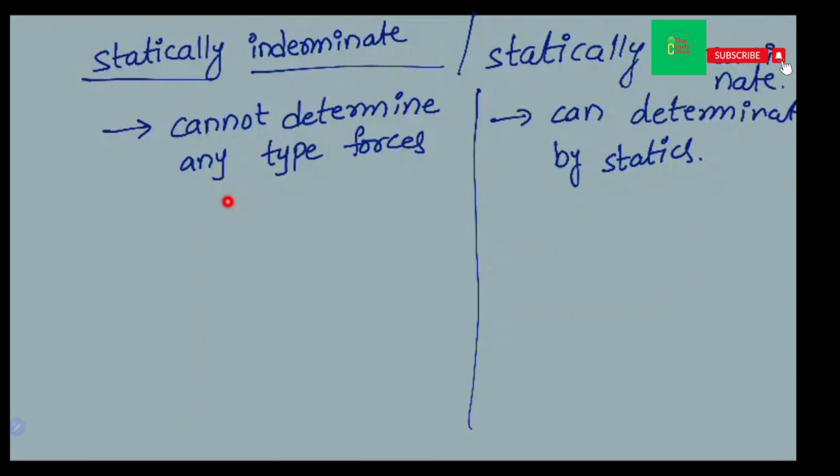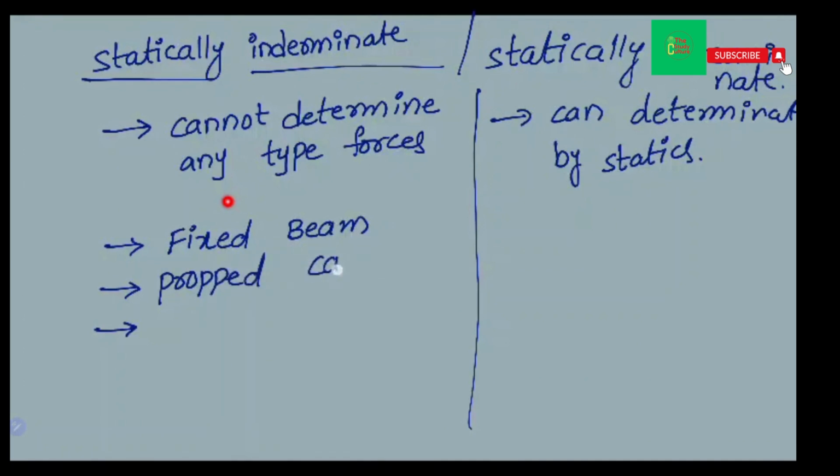What are the statically indeterminate and determinate beams? There are three types of indeterminate beams and another three types of determinate beams. First, the indeterminate beams: fixed beam, propped cantilever beam, and continuous beam.